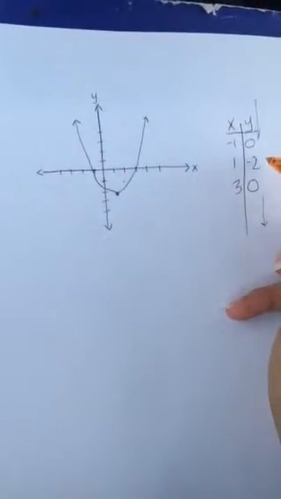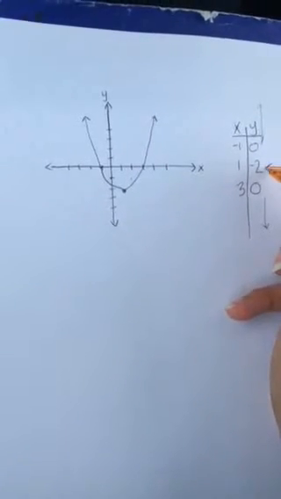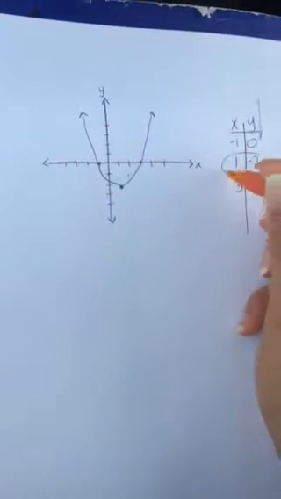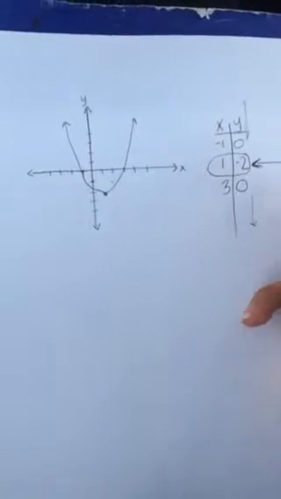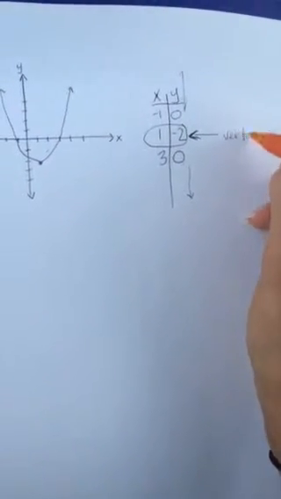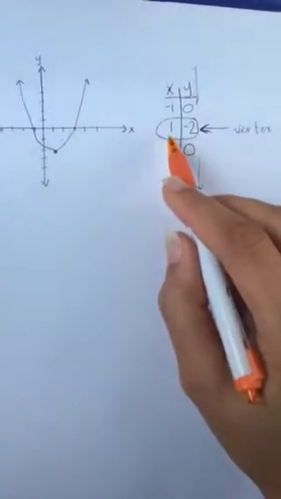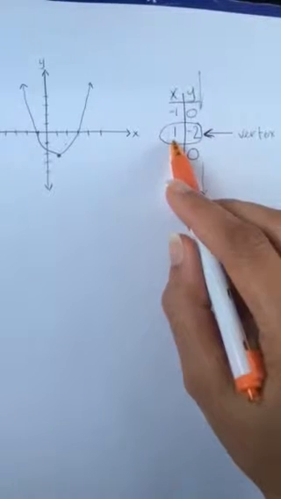So this is our very minimum point. This is where our y value is going to be the lowest. And so this is our vertex. So we know that the x value is 1.